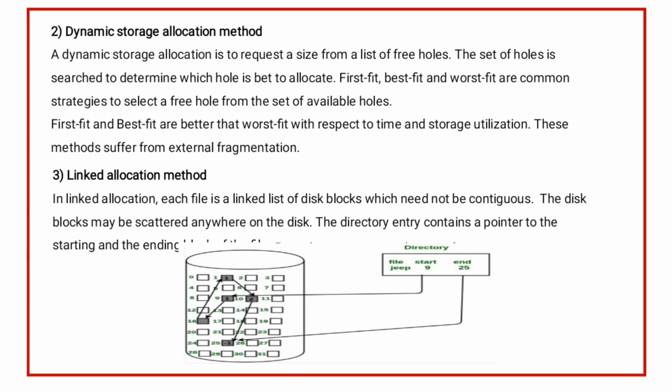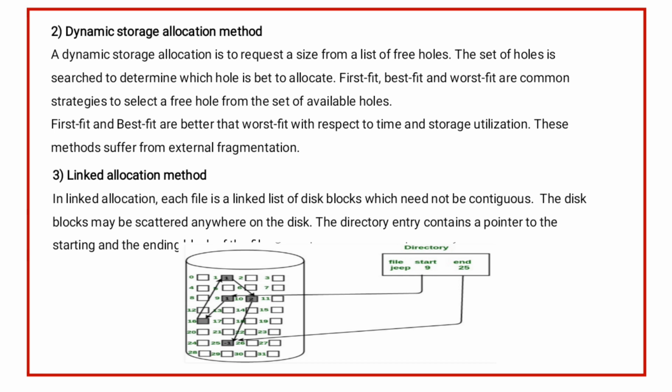The second allocation method is the dynamic storage allocation method. Dynamic storage allocation is to satisfy a request of a given size from a list of free holes. The set of holes is searched to determine which hole is best to allocate. First fit, best fit, and worst fit are common strategies to select a free hole from the set of available holes.